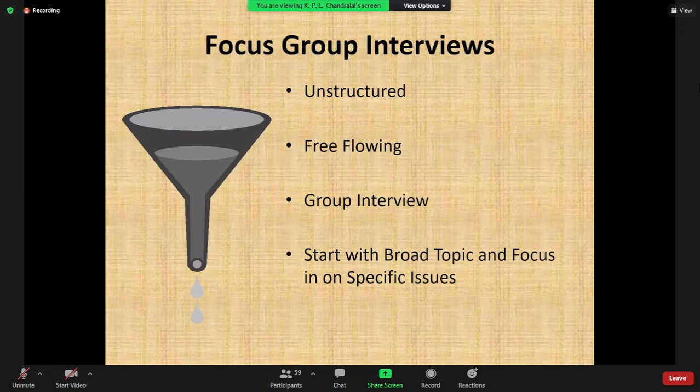That's the reason we can very easily develop rapport. Everybody wants to talk about a very familiar topic. But later on, maybe after 5 or 7 minutes, the moderator, who is a very skilled person, knows how to take the discussion gradually to the topic. Thereafter, he can ask more specific questions during the discussion.